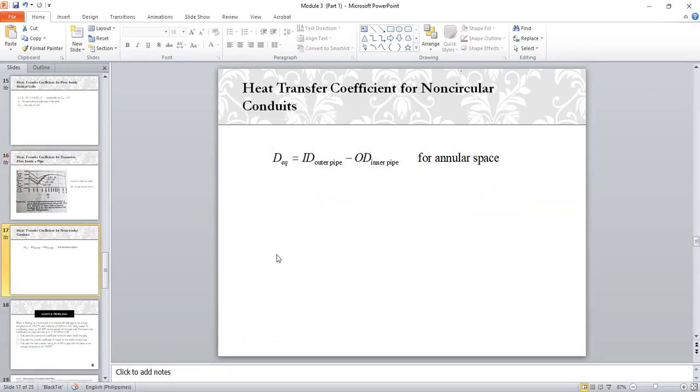Now, if we're talking about the heat transfer coefficient for a non-circular conduit, where the cross-section of your conduit is not circular, the equivalent diameter is equal to the inner diameter of the outer pipe minus the outer diameter of the inner pipe. So we are interested in the equivalent diameter of the annular space.